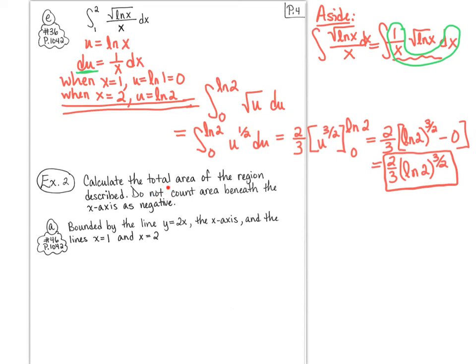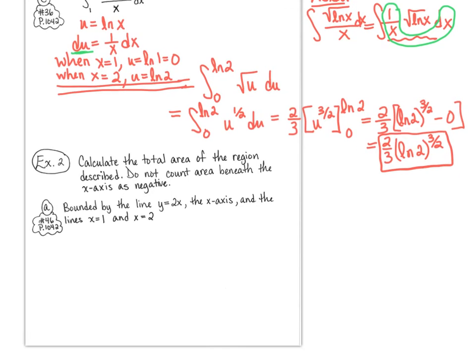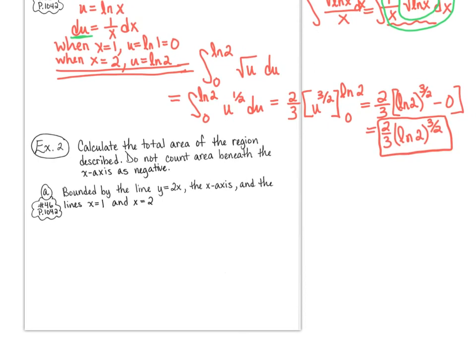Now, there are other things that we can do with definite integrals. This next example is going to lead to what we're going to talk about more in section 14.2, which is the area between two curves, and we're going to look at applications of that. So, move this up a little bit so we can have more room. Let's calculate the total area of the region described.